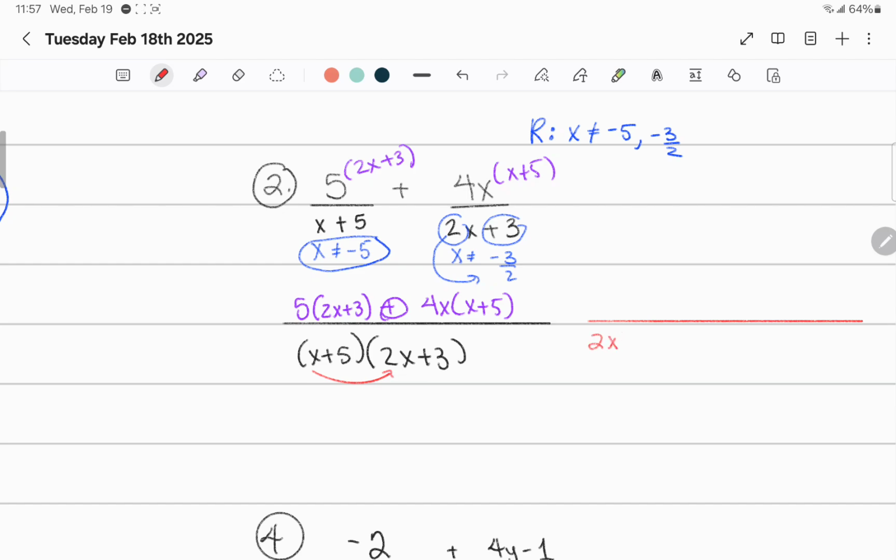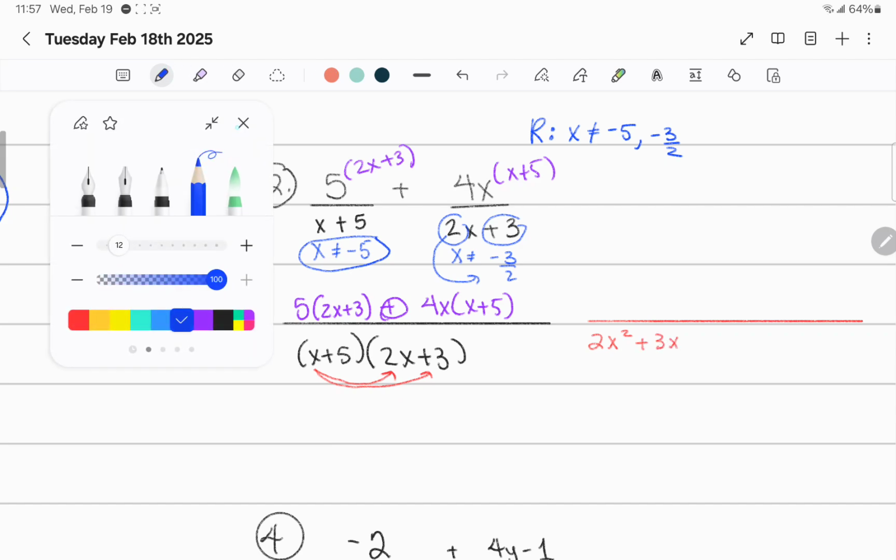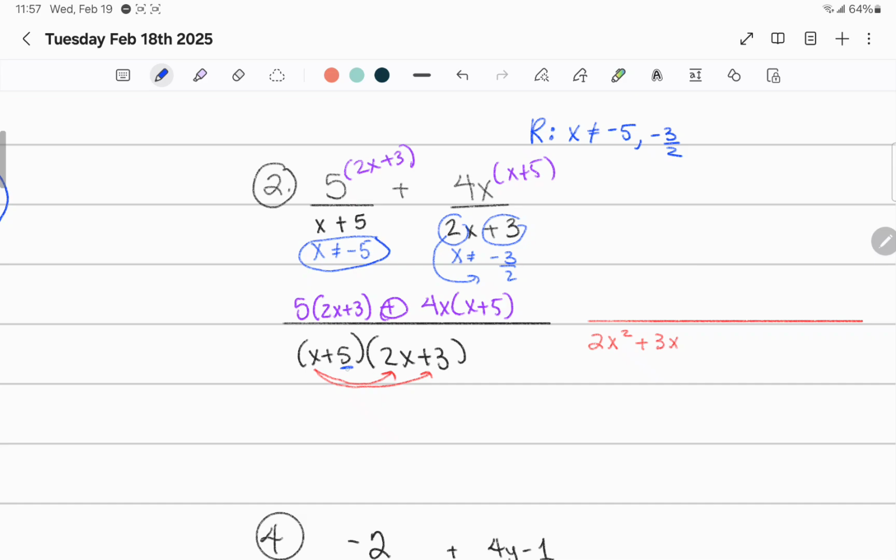That's 2x to the power of 2 because they both have x's. So x times 2x is 2x squared, and then we do x times 3. That's 3x. Five times 2x is 10x. And then 5 times 3 is 15.